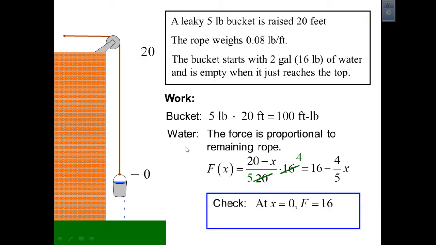So when we get to the top, if we plug in 20 right here, we're going to get 16 minus 4/5 of 20. Well, 4/5 of 20 would be 16, so we get 16 minus 16, which gives us 0. And at 0, just like we found here, if we plug in 0 for x, this goes away and we just end up with 16. So it works out.